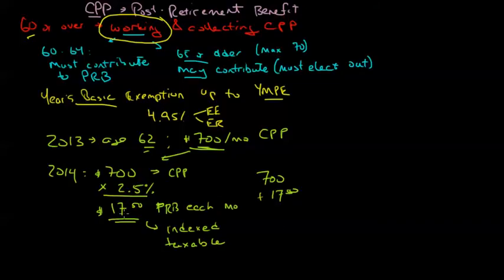And if they continued working next year, then they would have an additional benefit. Then they would have $717.50, and they would get another 2.5% of that. And that would bring them up to about $17.94 if you want to get picky here.